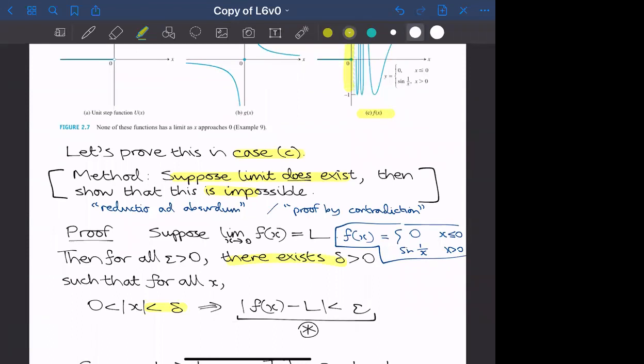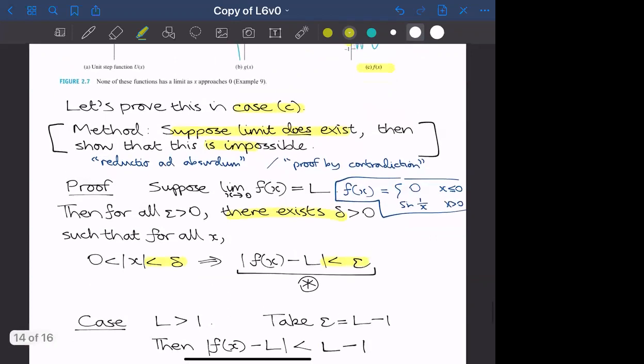So if the distance of x from 0 is less than delta, then the distance of f(x) from L is less than epsilon. Okay, so we have some information. For any epsilon, there exists a delta. And we want to try and make a contradiction. We want to show that this is impossible.